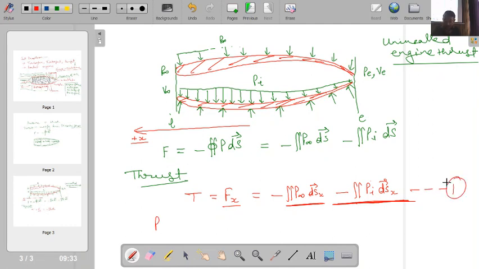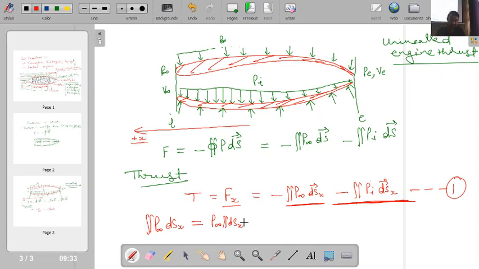Now what I have done, I have considered the first term of equation 1. So if I consider the first term of equation 1, that becomes P infinity, and then I have ds x. Okay, double integration, and over here P infinity I can take outside because P infinity is constant throughout the body, and simply I can say double integral of ds x over here.